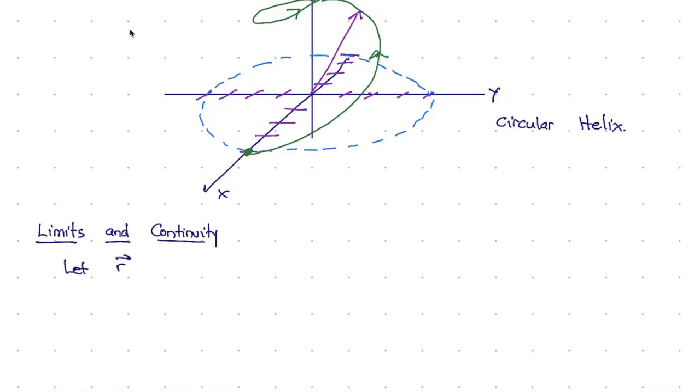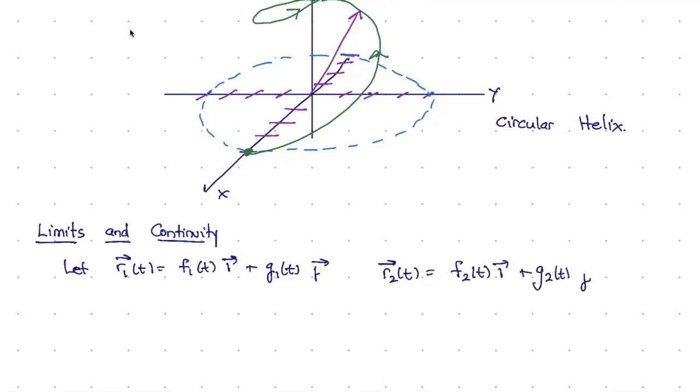Let r1 of t equal f1 of t i plus g1 of t j, and r2 of t is going to equal f2 of t i plus g2 of t j.